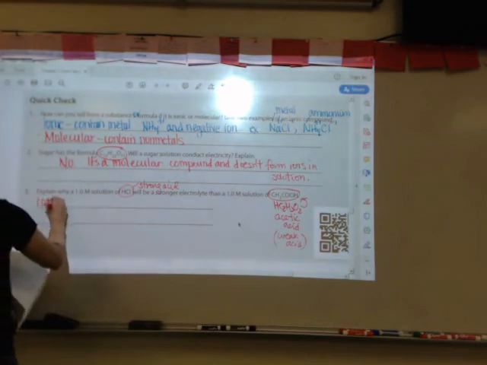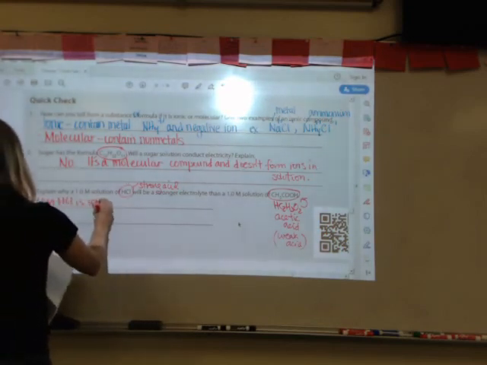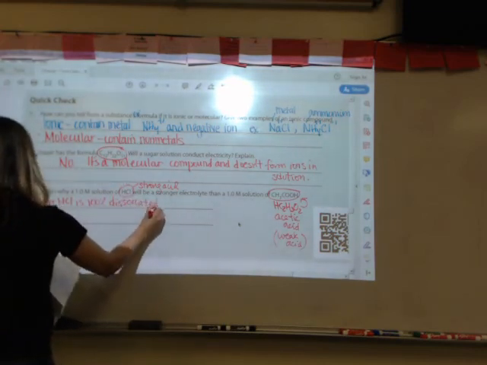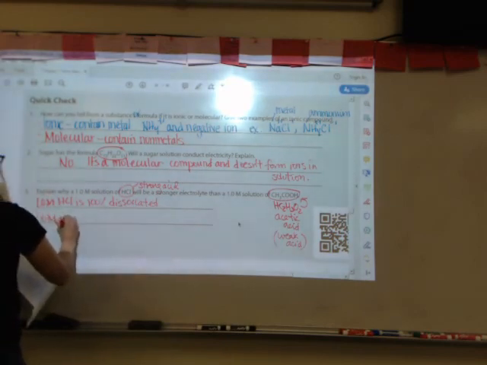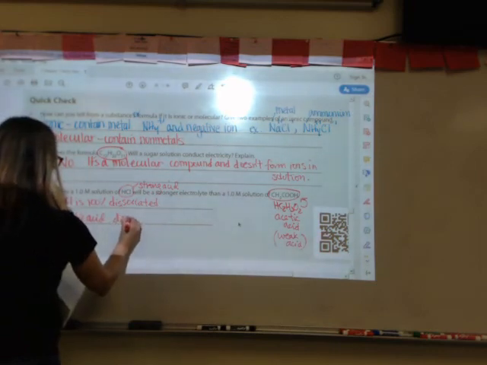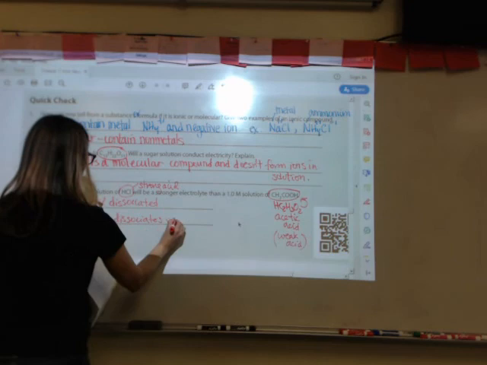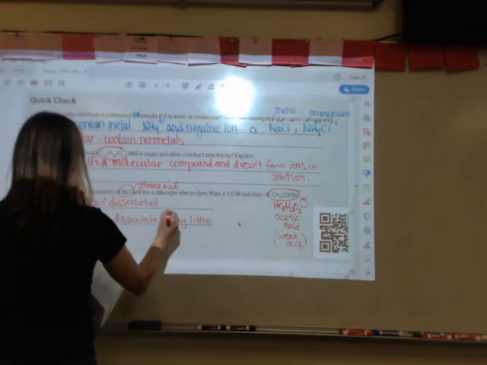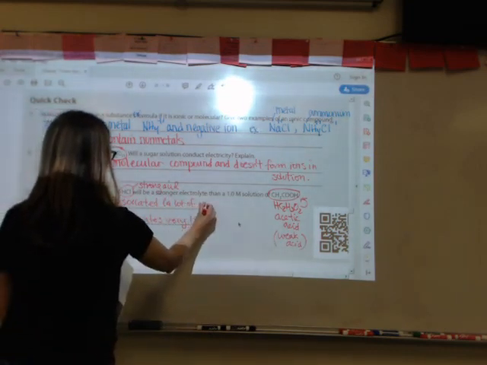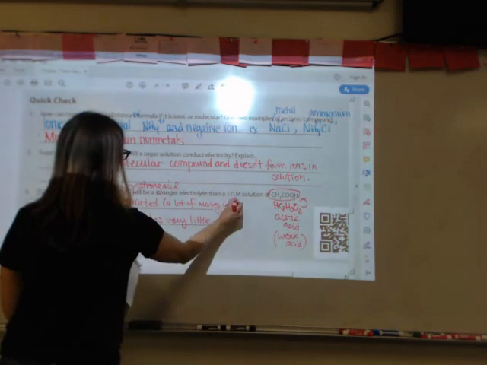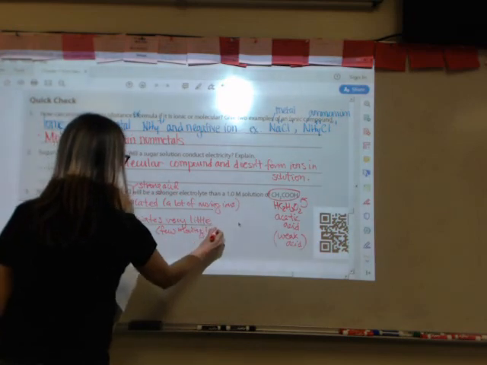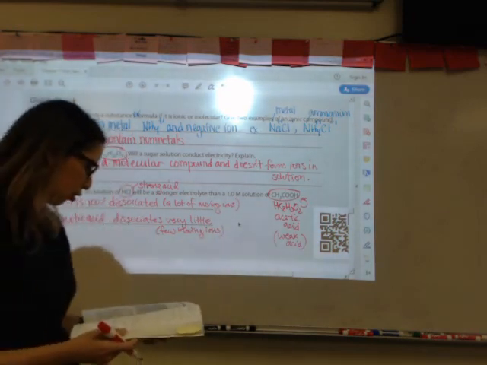So 1 molar HCl is 100% dissociated, and 1 molar acetic acid dissociates very little. So you're going to have a lot of freely moving ions in hydrochloric acid, and you would have few moving ions with the acetic acid, which is why hydrochloric acid is a stronger electrolyte.